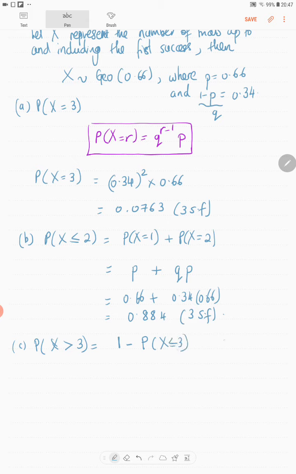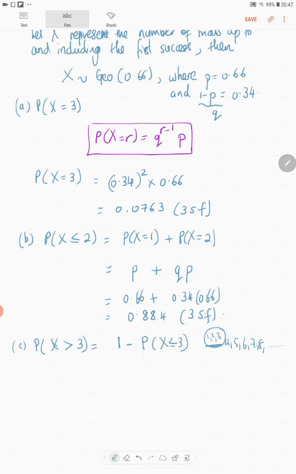Greater than 3 means 4, 5, 6, 7, 8 up to infinity. So we cannot calculate the probability in this way because we don't know where to stop. So what we are going to do, we know that the total probability is 1. So we take 1 minus the values of r before 4. So we have 1, 2, and 3.